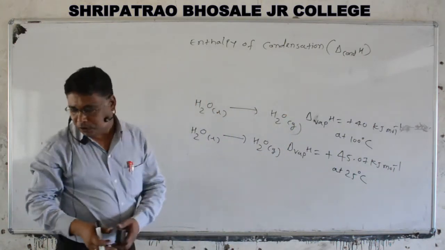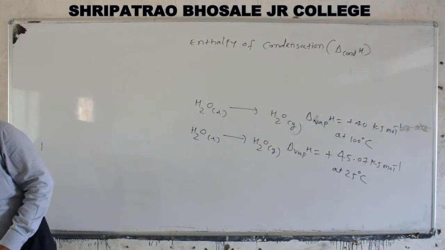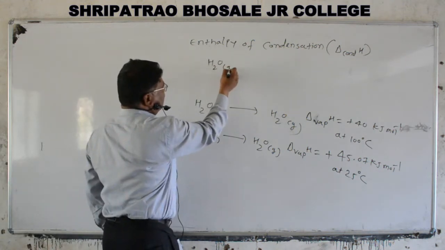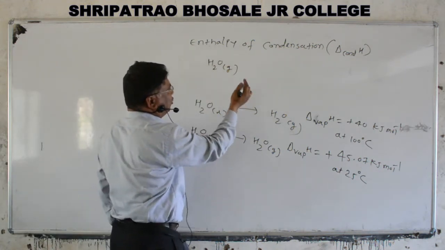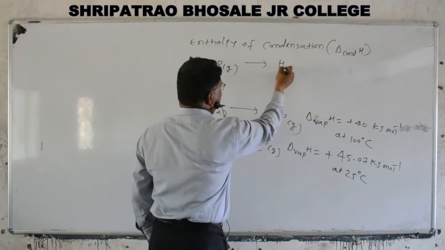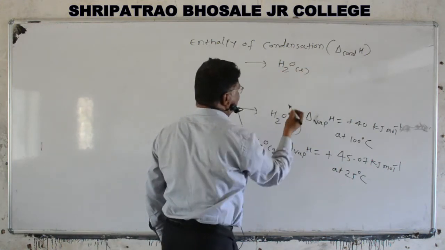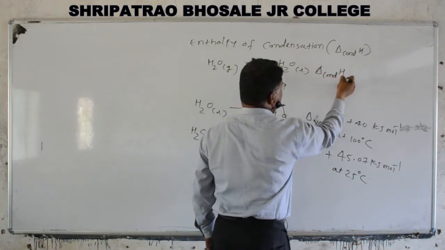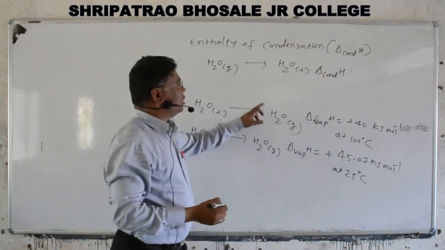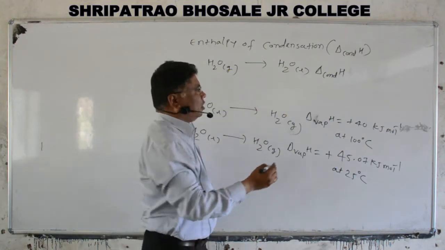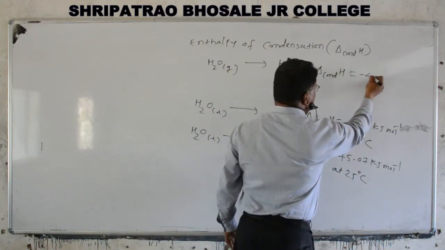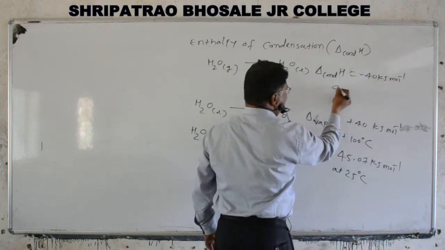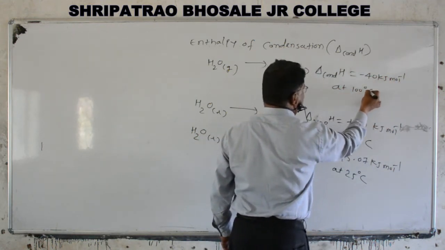Here H2O gas, that means vapor, is converted into H2O liquid. The enthalpy change during this condensation process, the enthalpy of condensation, is equal to minus 40 kilojoule per mole at 100 degrees Celsius.